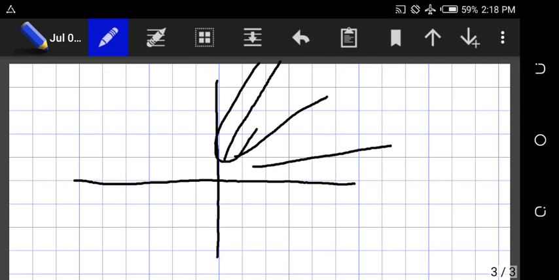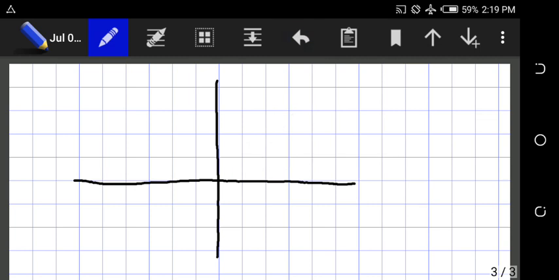Then you also have this one, which is the steepest of the lines. So gradient just tries to calculate how steep or how slopey a line is. That is what we mean by gradients.